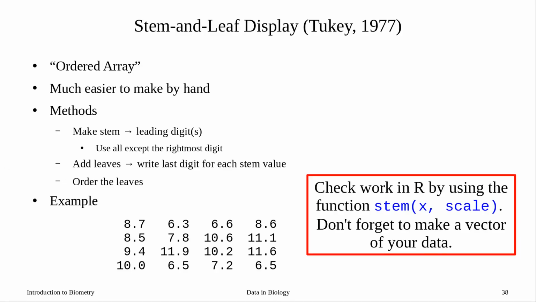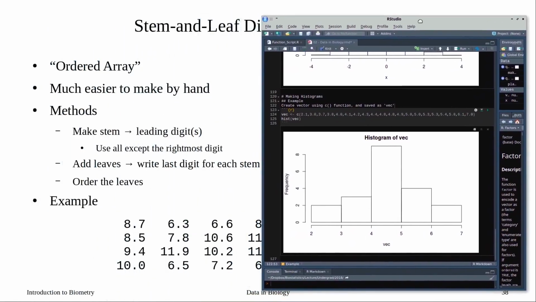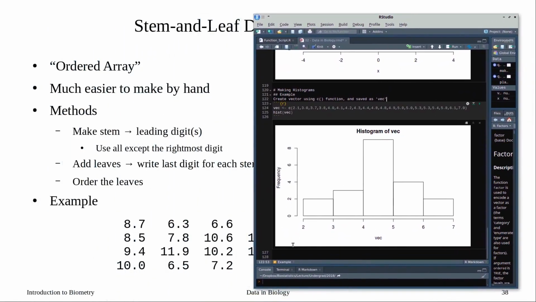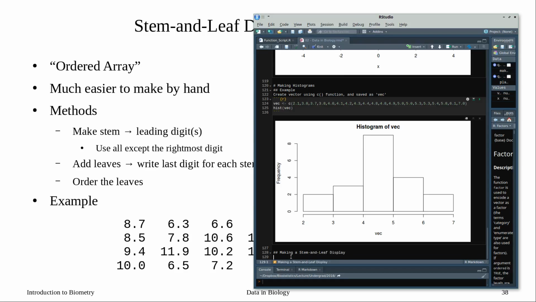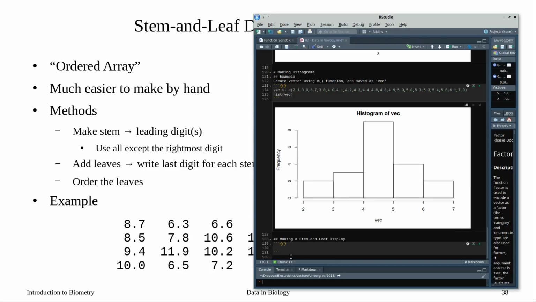And what we can do is check our work by using a stem function in R. Alright, so what I'm going to do is confirm that my hand-drawn stem and leaf diagram matches what R would give. First thing we're going to have to do is make our vector. We'll do vec2 for vector 2.